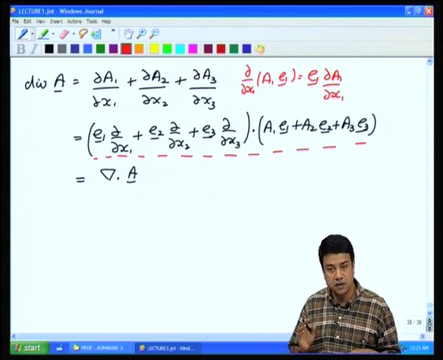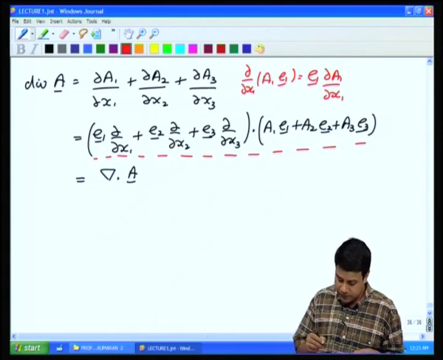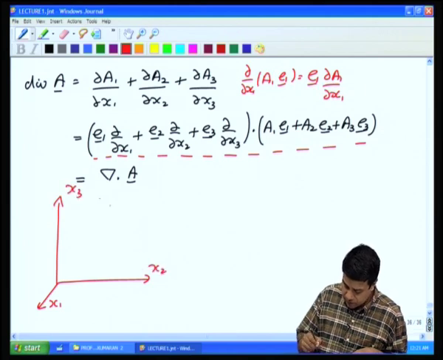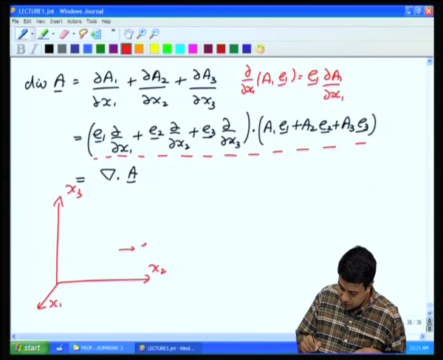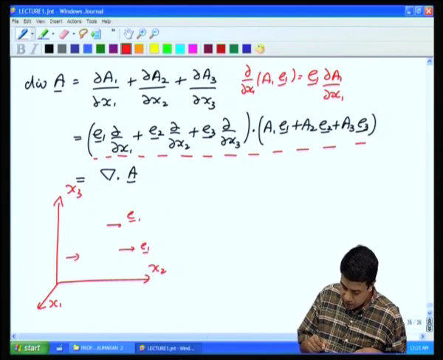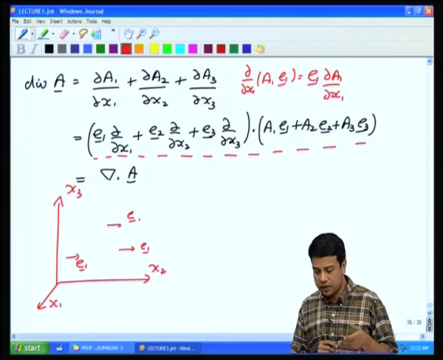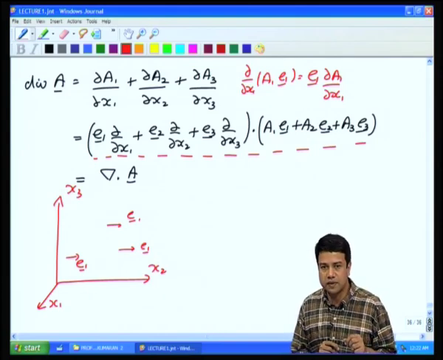This is true for a Cartesian coordinate system. When I have a Cartesian coordinate system, this unit vector E1 does not change as I go from one location to the other. It is exactly the same at every location. The magnitude is the same, the direction is the same. Therefore, the derivative of E1 with respect to x1 is identically equal to 0.